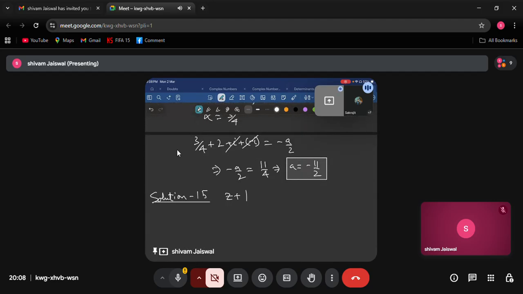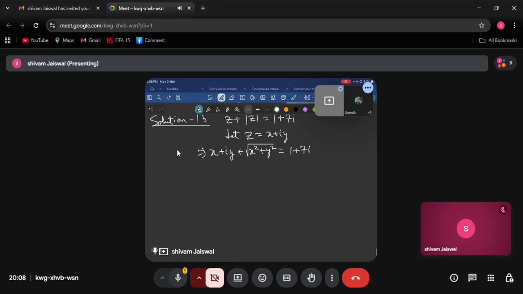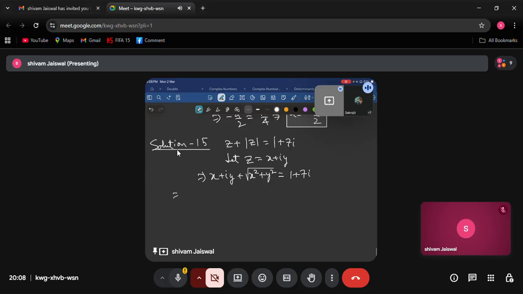Z plus mod Z is equal to 1 plus 7 iota. So let Z is equal to x plus iota y. Okay, this implies x plus iota y plus root over x square plus y square is equal to 1 plus 7 iota. Okay, comparing both sides, this implies x plus root over x square plus y square.